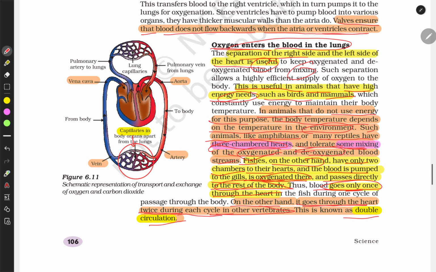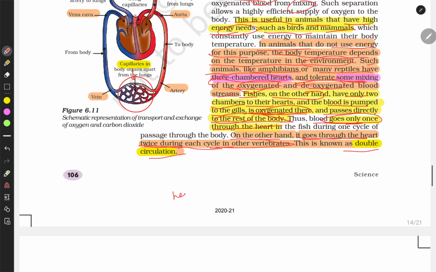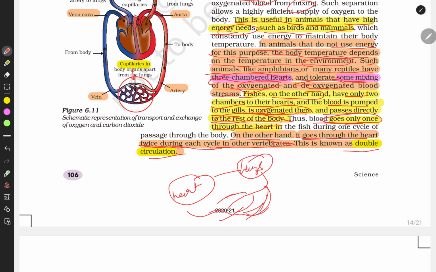When there is a single circulation, what happens? In the case of fishes, this is the heart, and this is the lungs, and this is the body. There are multiple blood vessels here. It finally connects here. So in fishes, which have a single circulation system, when the heart pumps, the blood goes here and gets oxygenated.